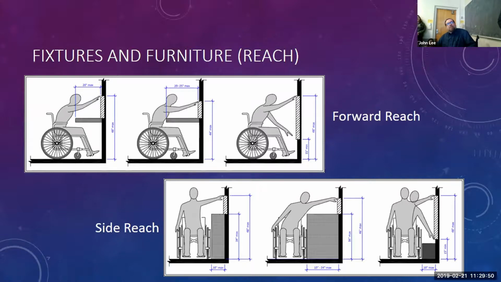And you can see with that work surface, to reach the back of it, you don't want it more than about 25 inches. So if you're looking at desks where the person would need to reach the back, that's what you're looking at. And the height for reach is about 48 inches standard. Anything higher than that is going to be too difficult.